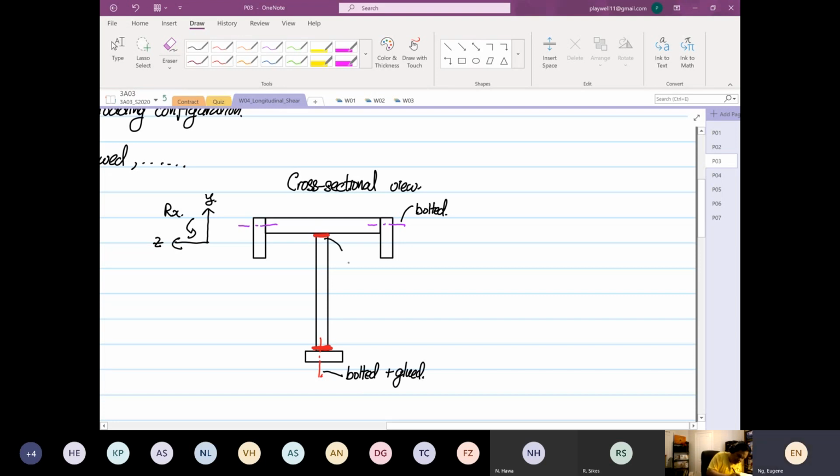And this is going to be glue. So the cross section is made up of 1, 2, 3, 4, and 5 different members. They're either bolted or glued or bolted and glued together.